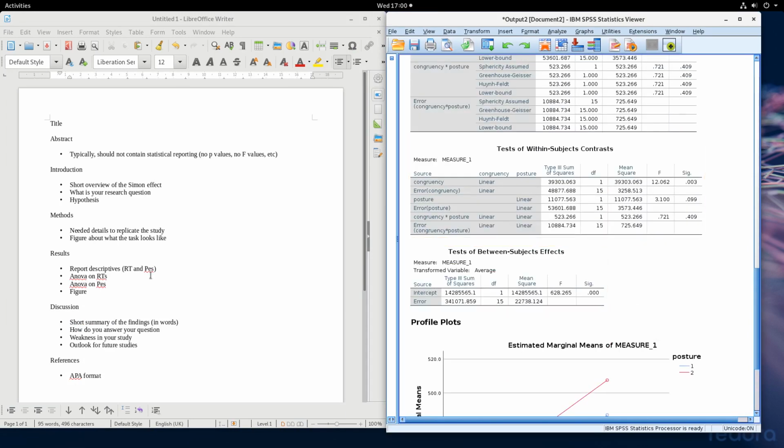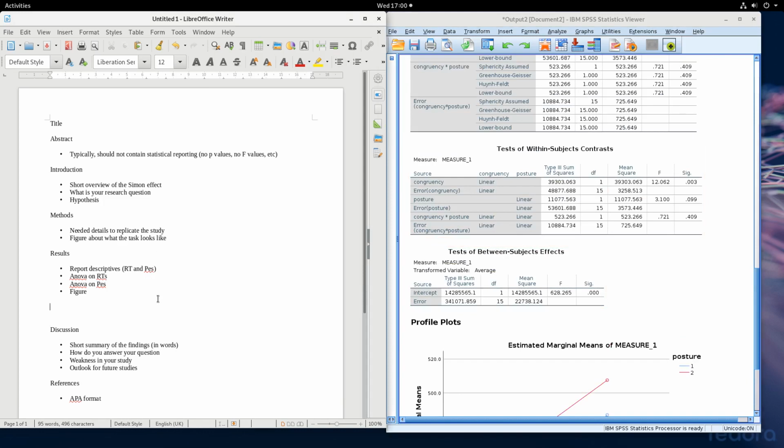I would say in the results, you can have something like: the repeated measures ANOVA on response times showed a main effect of congruency.